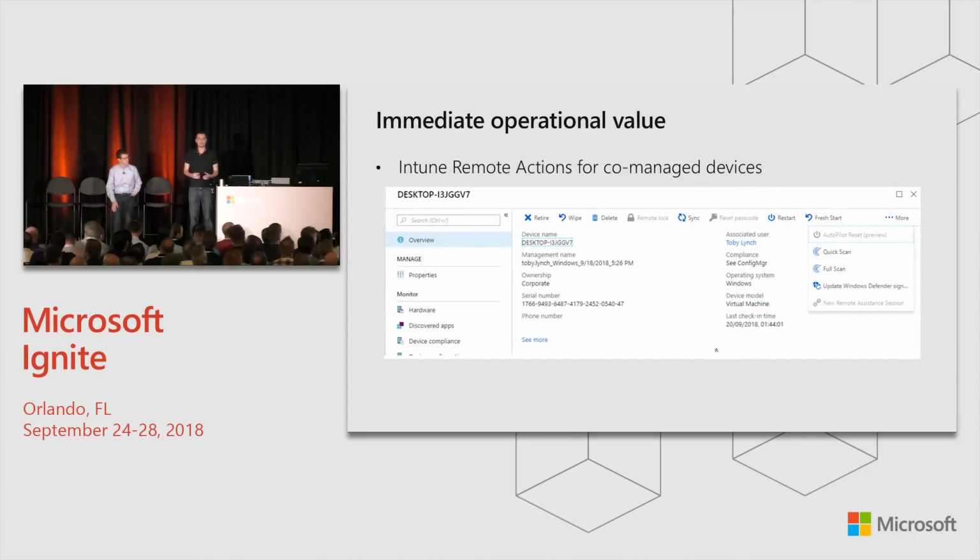On top of the workloads that you can move to Intune, we also have a number of features that you can instantly benefit from when you enable co-management in your environment. So these are cloud-specific features that you can begin to use on your co-managed devices. The first one is Intune Remote Actions. As soon as you enable co-management in SCCM, you benefit from those remote actions available in the Intune portal.